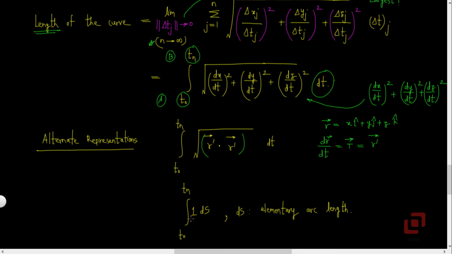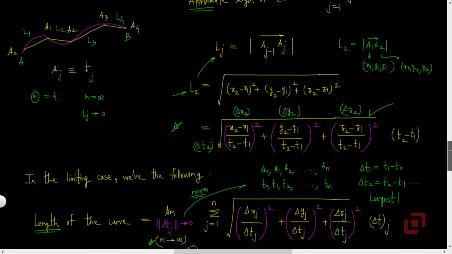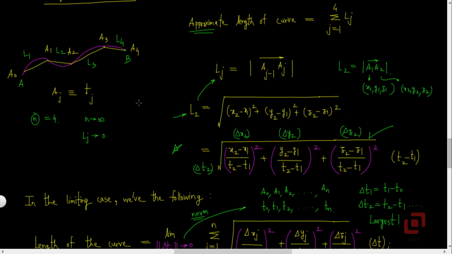The second representation of the length of the curve is integral from t0 to tn of 1 ds, where ds denotes the elementary arc length. Now what is elementary arc length? We go back to this figure for a moment.